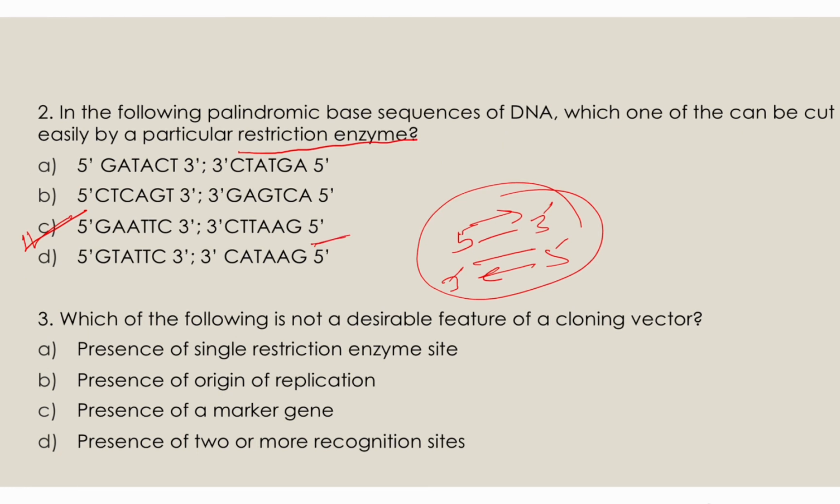Next, which of the following is not a desirable feature of a cloning vector? Answer is D, presence of two or more recognition sites.